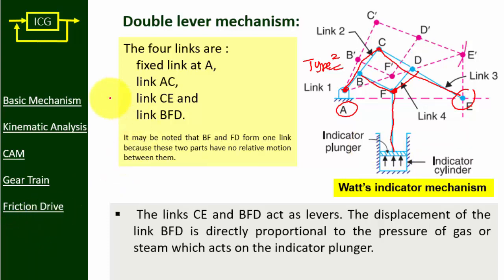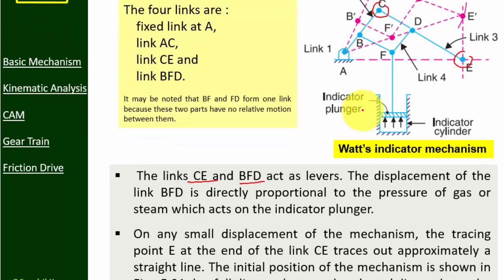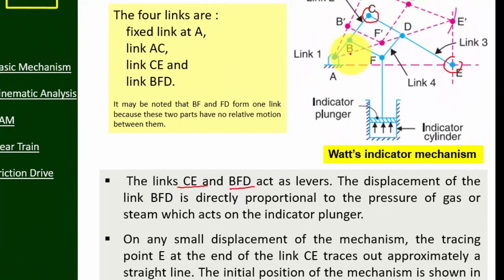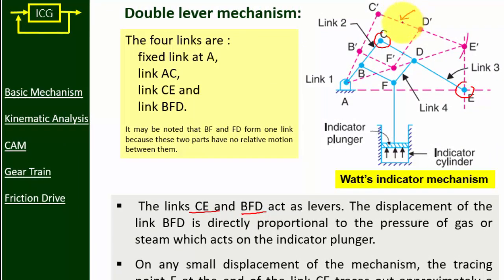So let me erase this. See here, the link CE and AC, BFD act as a lever. The displacement of BFD is directly proportional to the amount of pressure inside the steam engine. For any small displacement of this mechanism, say for example from this point to this point, this pink line represents the displacement of this arrangement.